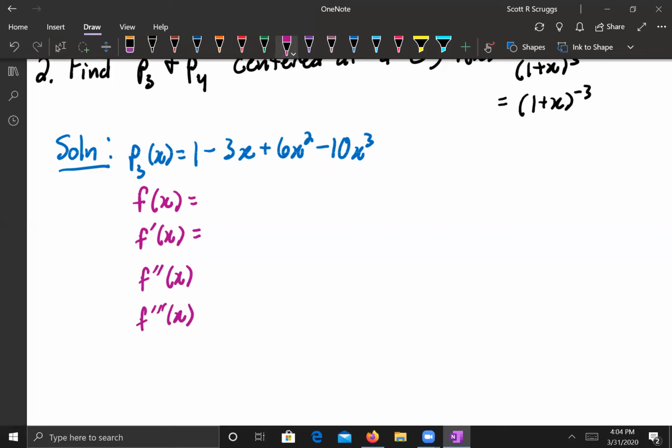And for yets, I'm also going to go ahead and calculate the fourth derivative because I'm going to need that for the fourth order Taylor polynomial. That one's pretty quick. What did y'all get for the first derivative of the function f?